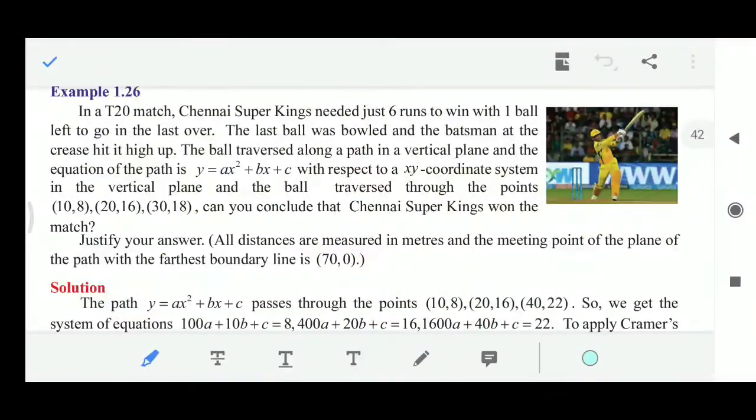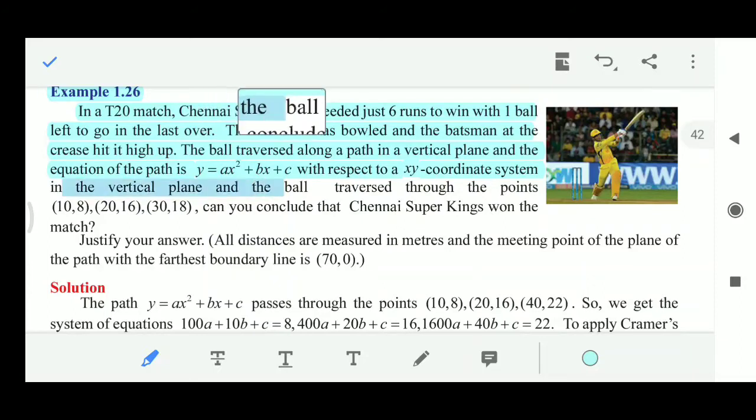First we will see example 1.26. In this the question is, in a T20 match, Chennai Super Kings needed just 6 runs to win with 1 ball left to go in the last over. The last ball was bowled and the batsman at the crease hit it high up.